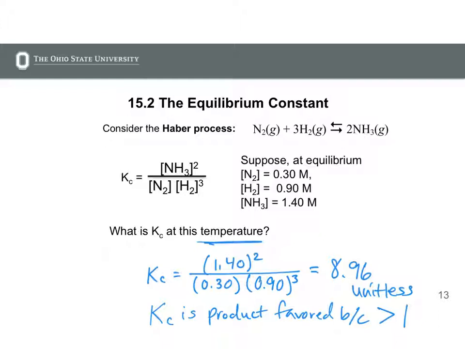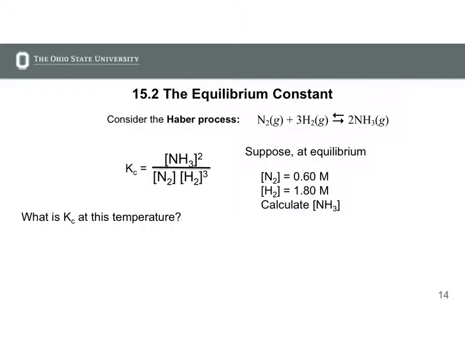Questions on that? So this is from the previous slide. K sub C at this temperature was 8.96. Let's say we redid the reaction.